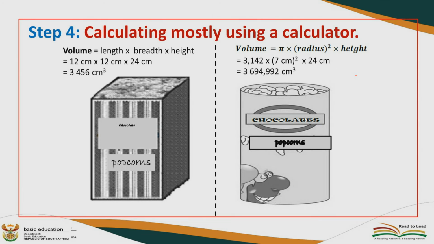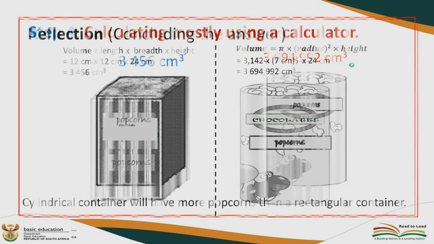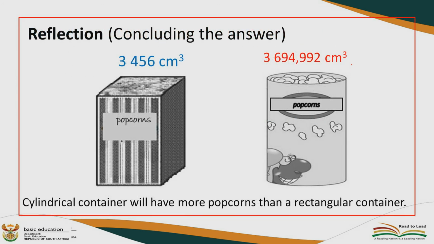Step number 4, calculate mostly using the calculator. Do not ignore the calculator. Utilize the calculator there. Then we get the value to be 3,456 for the rectangular container, and the volume for the cylindrical container is 3,694.992. So we go to our conclusion. The reflection, that is a level 4 question here.